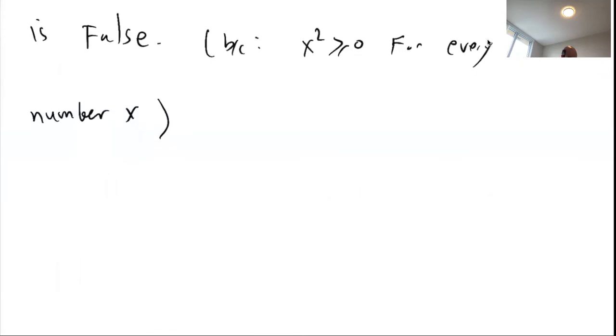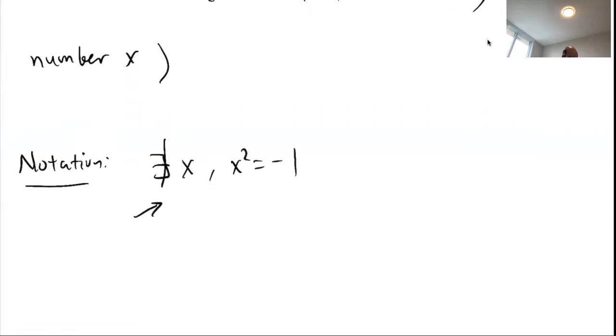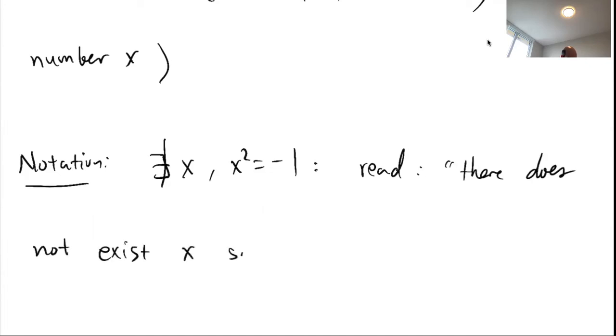Okay, so the notation that we use in this case: there does not exist x with x squared equals -1. So this notation, if you see it, it means there does not exist. To write it this way, read, there does not exist x such that x squared equals -1.